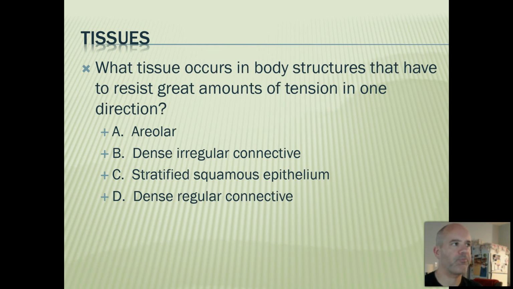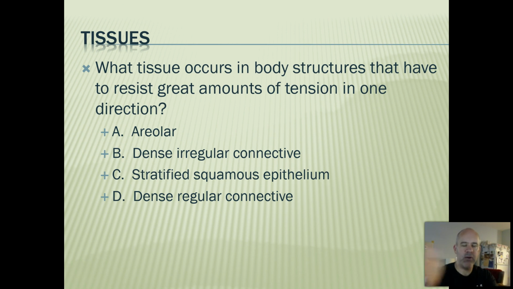What tissue occurs in body structures that have to resist great amounts of tension in one direction? What kind of tissue? Tension in one direction, like if the tissue was getting pulled, but only in one direction, not multiple directions.